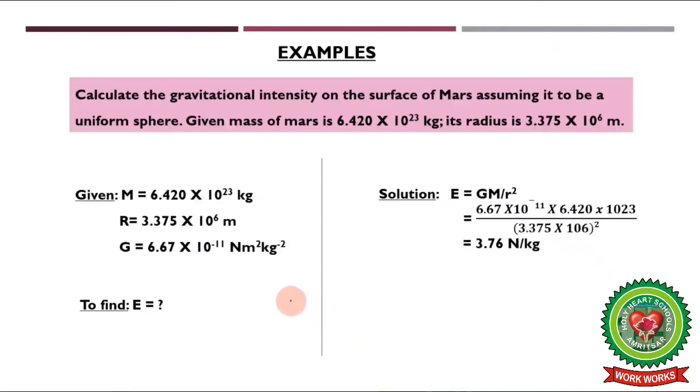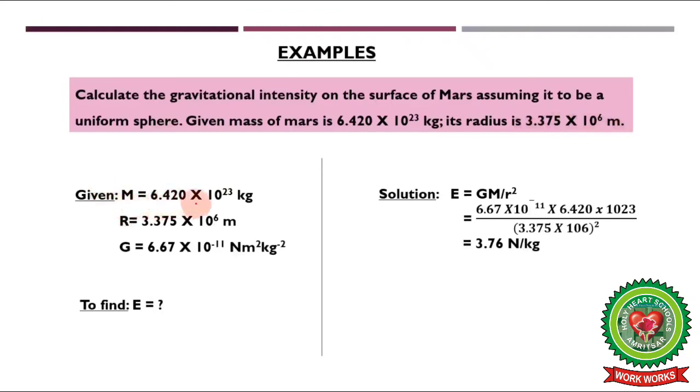Let us solve some examples based on the articles we have done. Calculate the gravitational intensity on the surface of Mars, assuming it to be a uniform sphere. Given mass of Mars is 6.420 into 10 raised to power 23 kg, and its radius is equal to 3.375 into 10 raised to power 6 meter. So what are the given values?